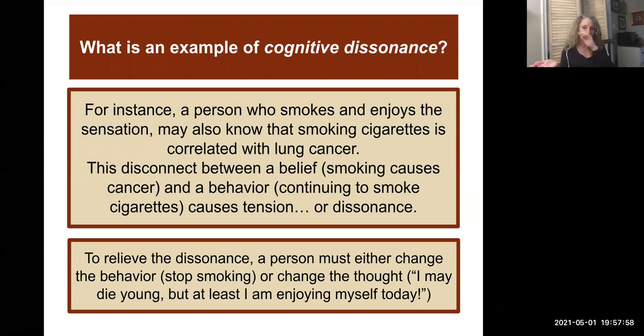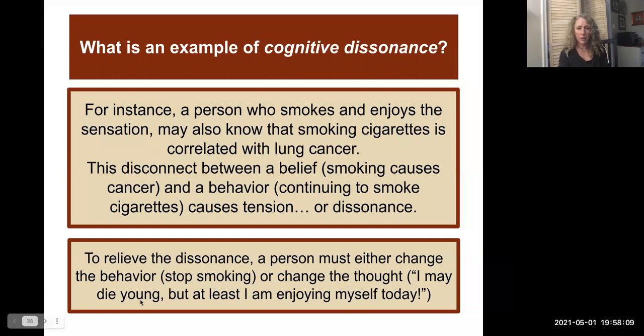And so what happens is there's got to be some change to reduce that dissonance. So to relieve the dissonance, a person might either change, stop smoking, or change the thought. I may die young, but at least I'm enjoying myself. So it's almost like you're rationalizing, right? You start saying, oh, well, smoking's not that bad. And, I'm young, I'm not going to smoke forever. So they're going to do something to relieve that dissonance.